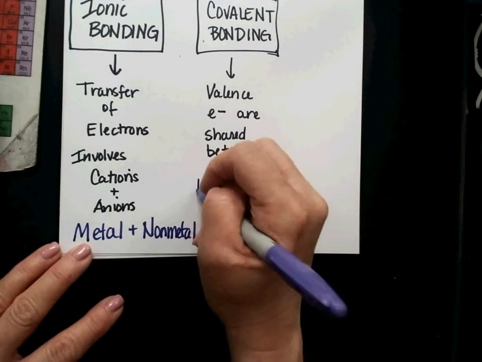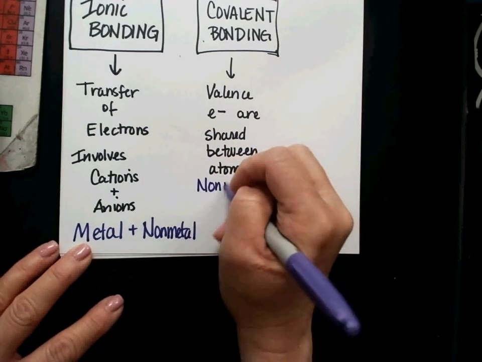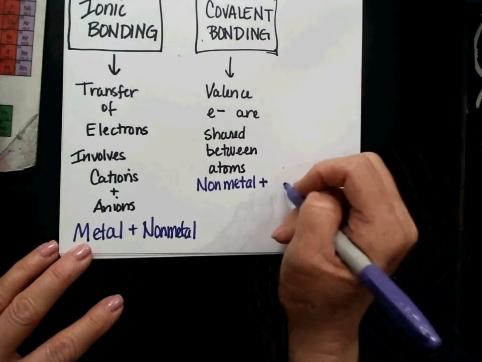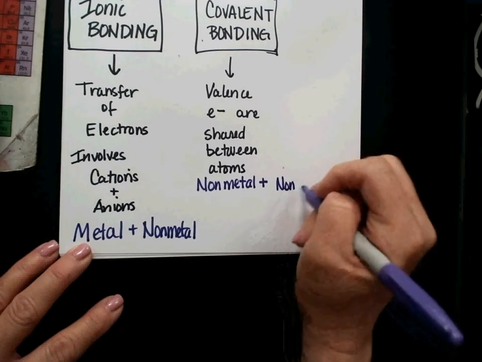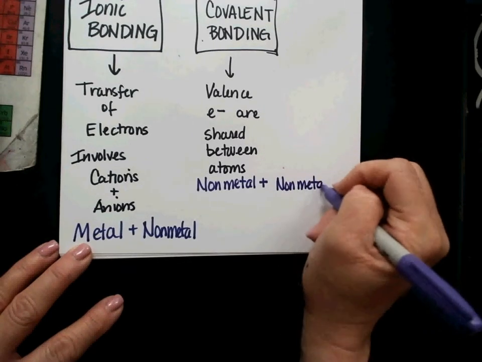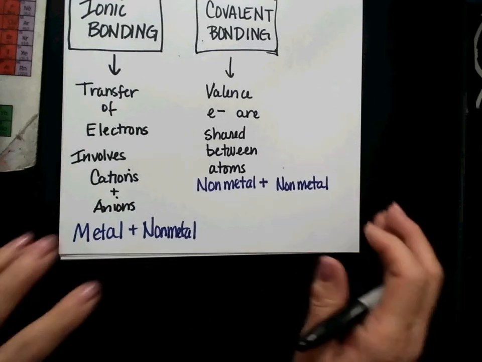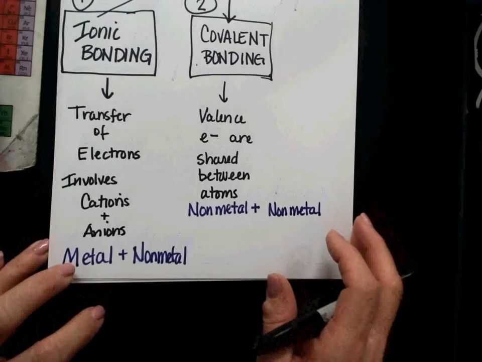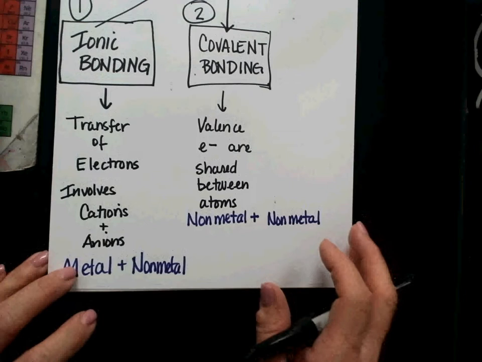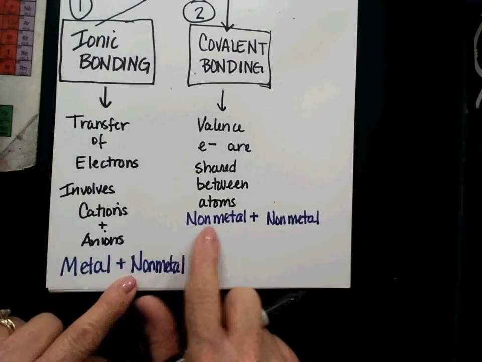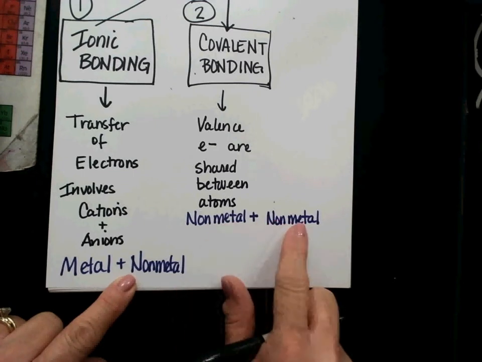In covalent bonding, I have a nonmetal plus a nonmetal. So when you look at these, I've got metal plus a nonmetal, nonmetal plus a nonmetal in covalent.